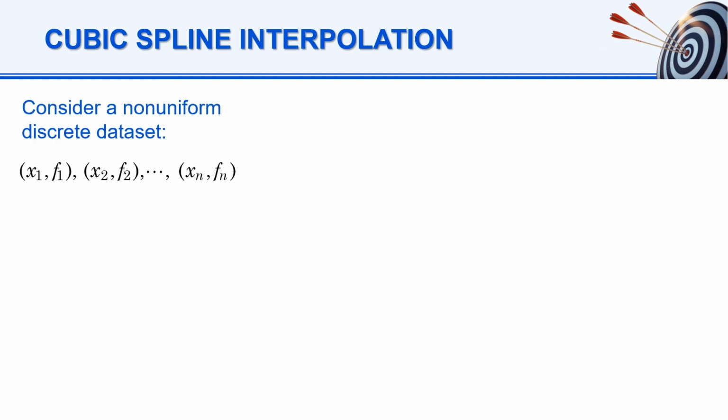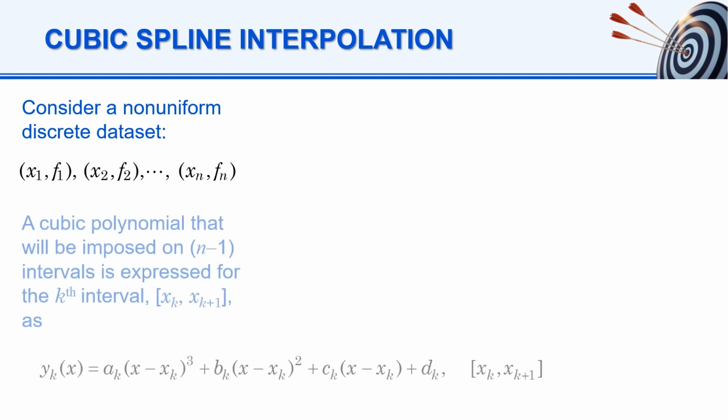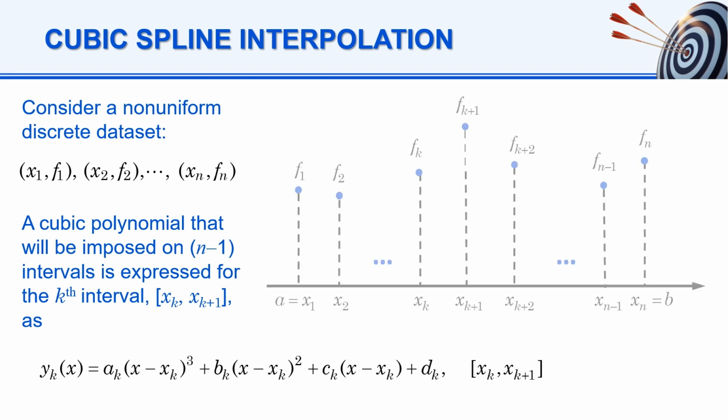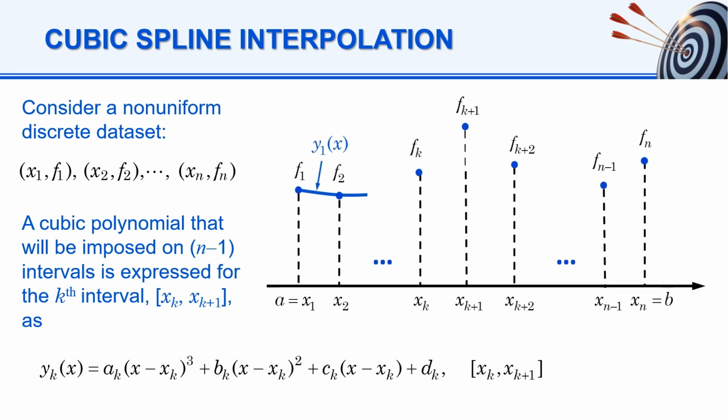Consider a non-uniformly spaced discrete dataset. A cubic polynomial that will be imposed on n-1 intervals is expressed for the kth interval as follows. The distribution of data points and cubic splines are illustrated in this figure.